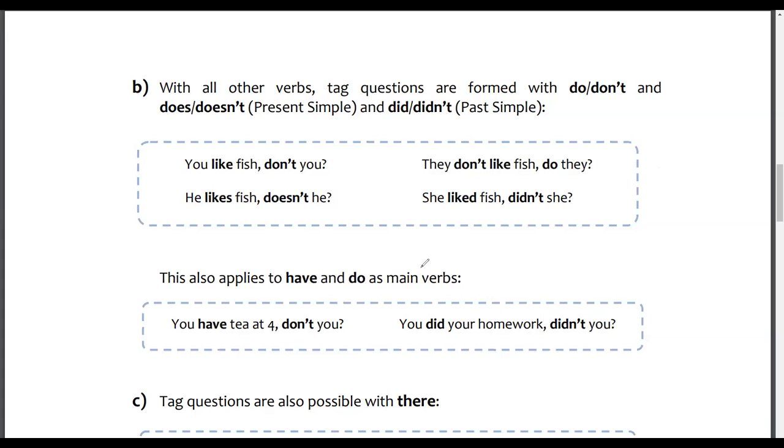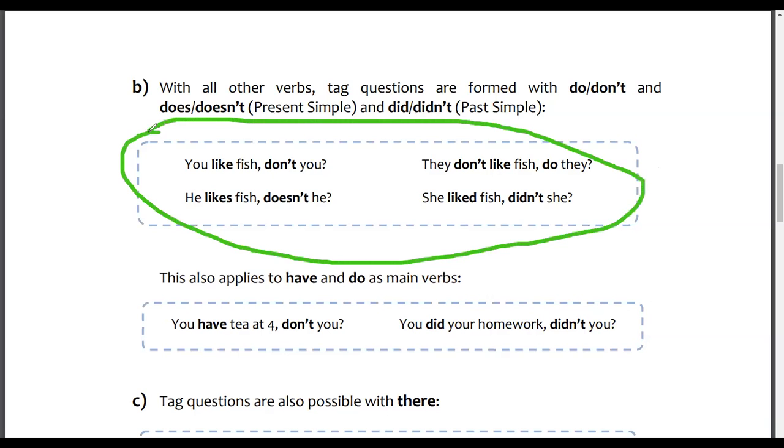so as you know, this over here is mainly about the simple present and the simple past. Now let's go into a different one.